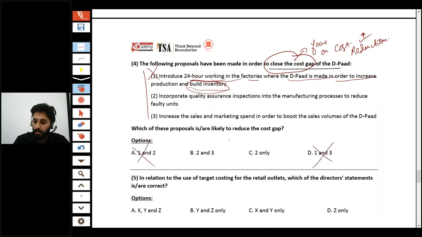We are left with 2 and 3, and since statement number 2 is in option C and is in option B as well, that means the second statement is absolutely correct. Without reading that, I concluded that the second statement is right. Now these are the cracks and tricks to solve the MCQs.